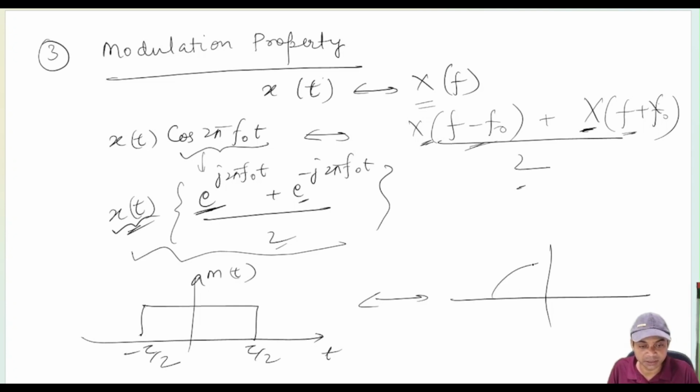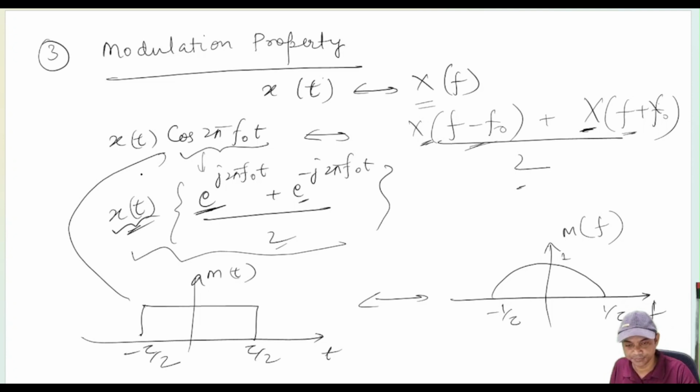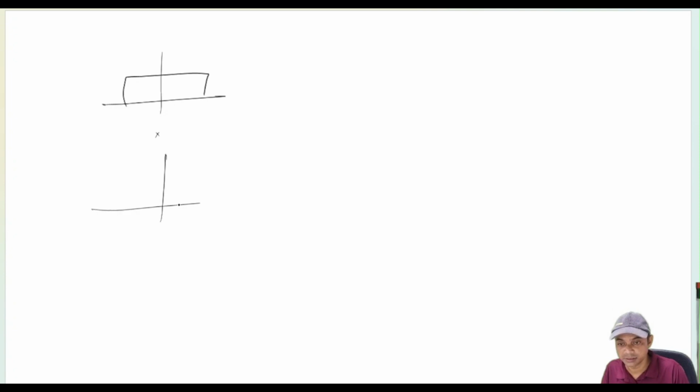Just after band limiting, it is from minus 1 by tau to 1 by tau, and this is our M f, with peak value 1. Then we multiply this signal with cos 2 pi f naught t.